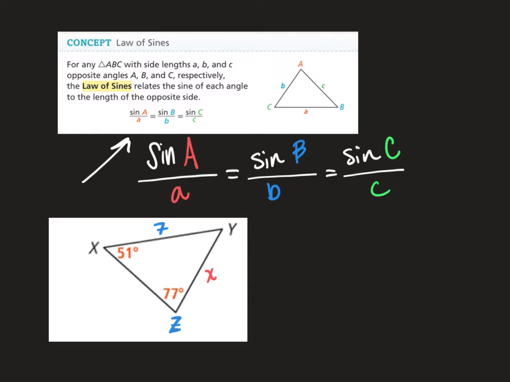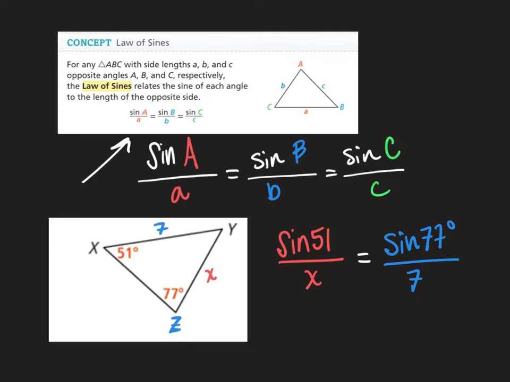So here's what that's going to look like. We're going to take the sine of X, which is 51 degrees, over the missing value of X, or YZ. And that is going to be equal to the sine of Z, or 77 degrees, over the side Z, which is 7.